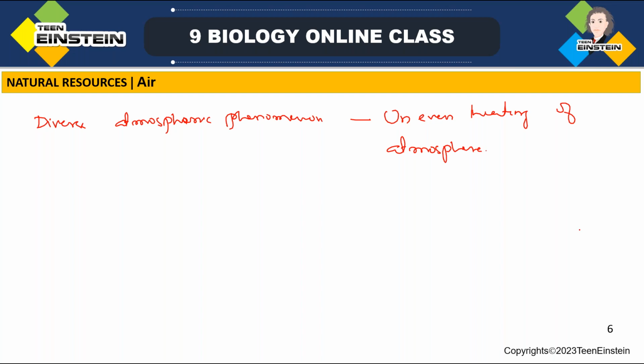But there are so many other factors which are influencing the wind: the rotation of the Earth and the presence of mountain region in the path of the wind. Rotation of Earth is one factor, and while moving, there will be some kind of hindrance in that path. Which are the other factors influencing the wind?